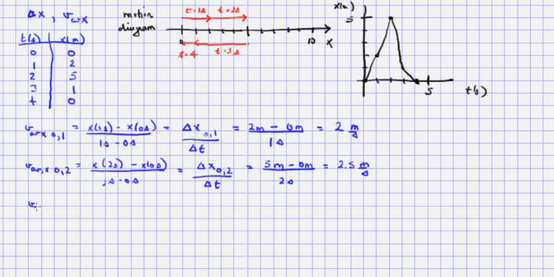Let's go for the average velocity in the x direction from 2 to 3.